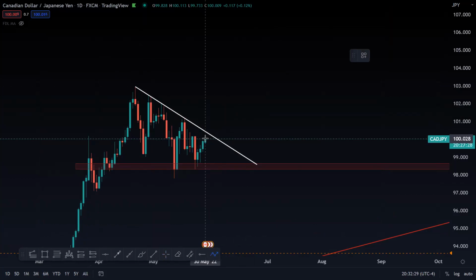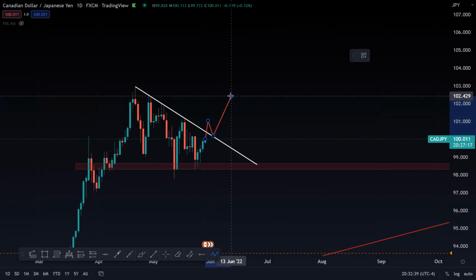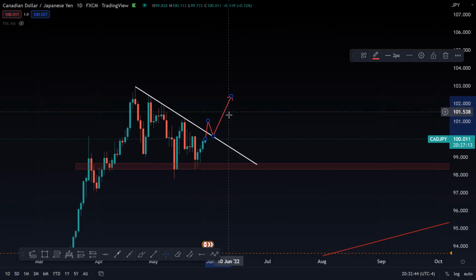If the price breaks above the bearish trend line that I have, I will wait for the retest on it, and if it rejects, I'm going to take the buy, which, based on the weekly time frame, is what I most want to see.